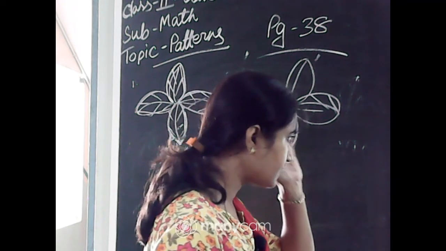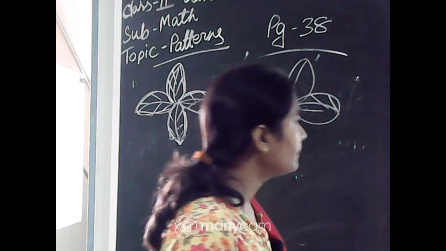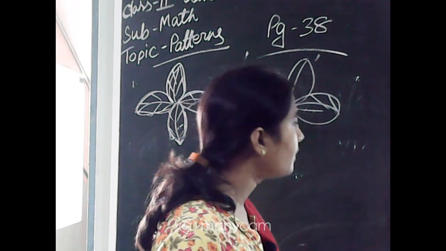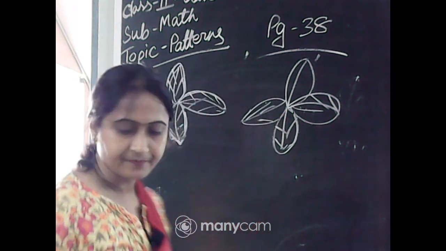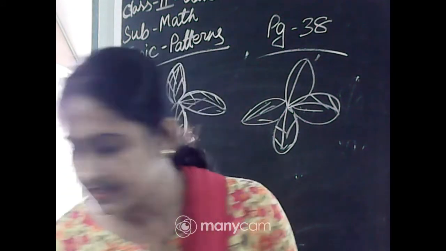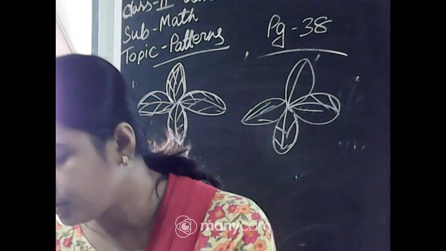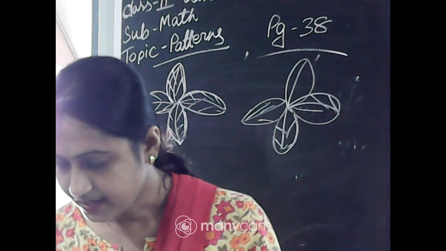Otherwise I can't understand who has the problem. Deboshmita, maybe your network problem. Okay. Okay, very good. Okay, fine. Next, all of you please take out your math notebook and follow me.